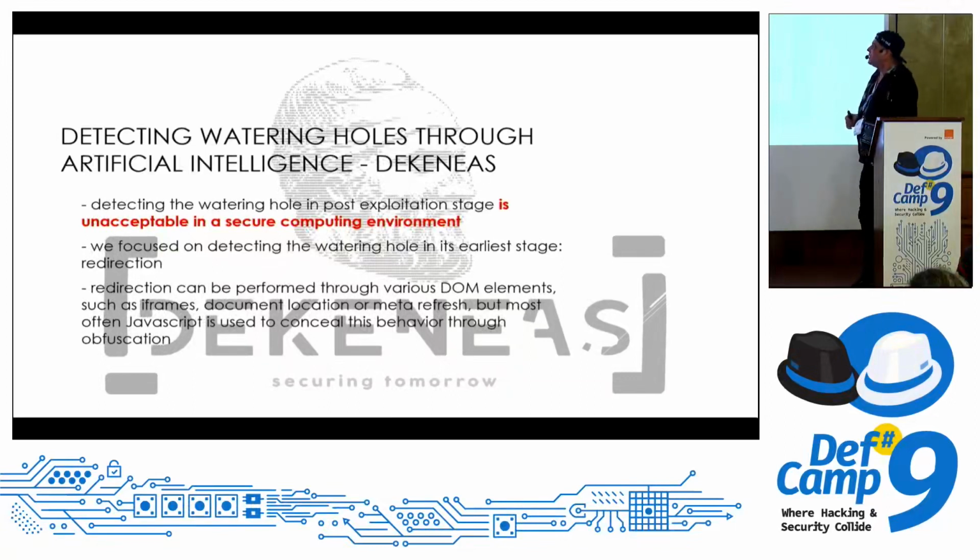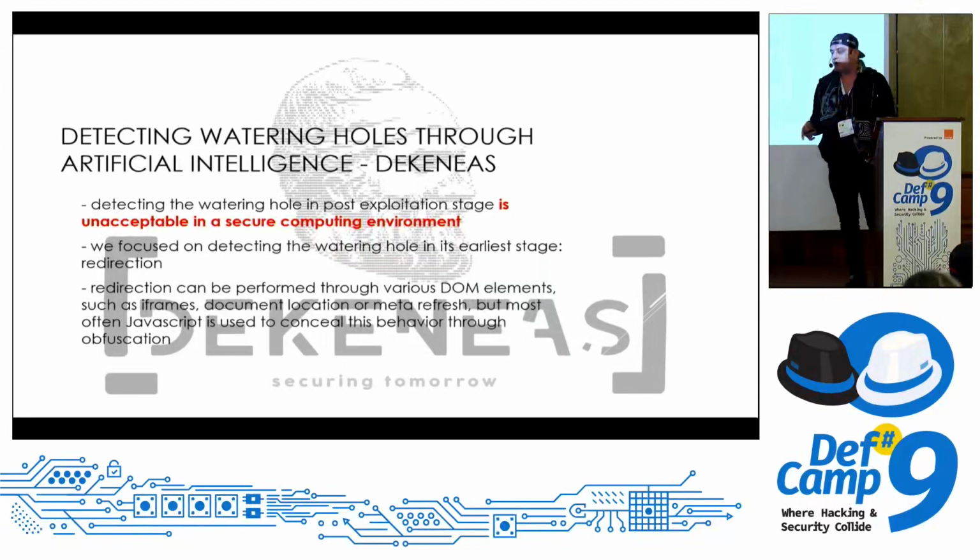We focused on detecting the watering hole in its earliest stage, the redirection stage, which can be performed through various DOM elements such as iframes, document location, or meta refresh. But most often, JavaScript is used to conceal this behavior through obfuscation. Most watering hole attacks employ JavaScript because it allows obfuscating the code, so nothing is very obvious to the unsuspecting guy.